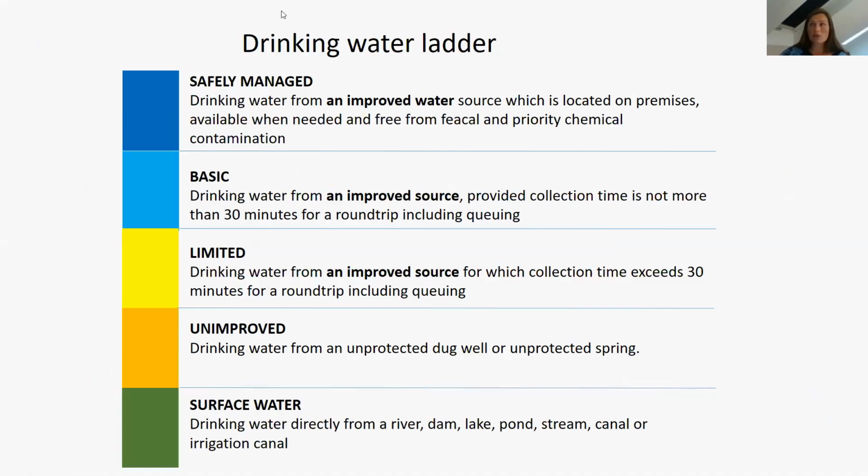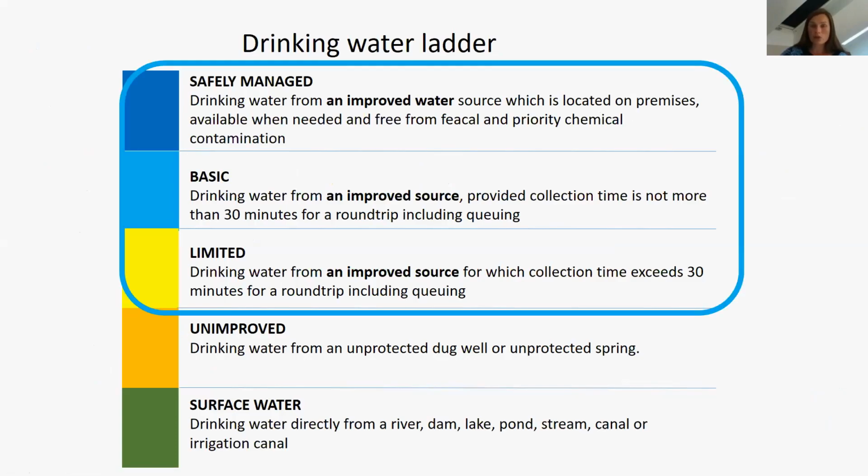Also, when we're thinking of Sustainable Development Goals, we don't think about just one typical goal to reach. Like before, we can think of having for minimal standard 15 liters of water of the reasonable quality. Here, what we think about is a drinking water ladder, which means there are different levels you could reach for providing water quality and water quantity.